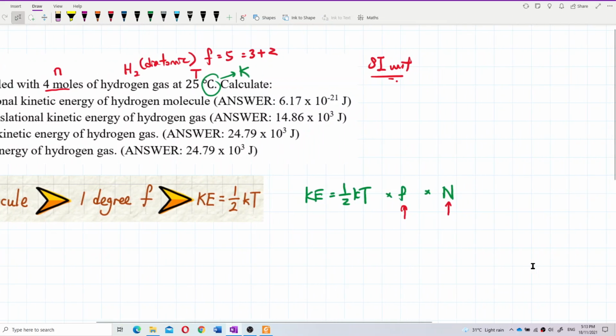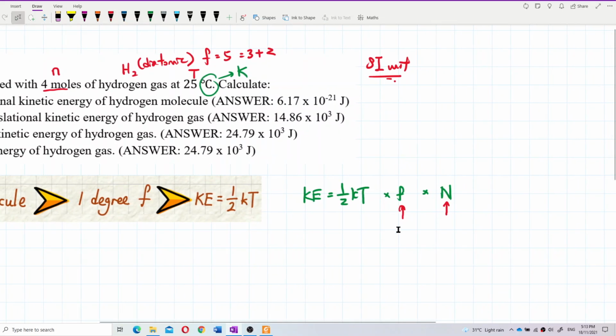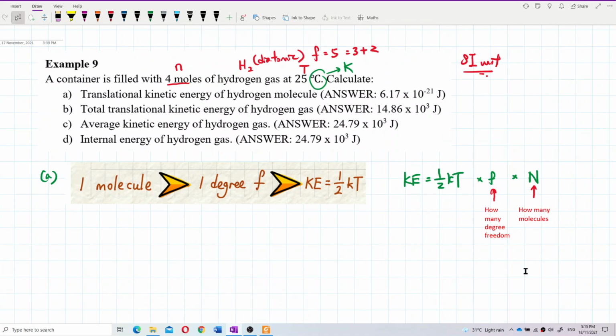I should write something here. So always like this, you always ask yourself, how many degrees of freedom does the question ask for, and how many molecules are there? Then we can find the total kinetic energy for all these molecules and all these degrees of freedom.